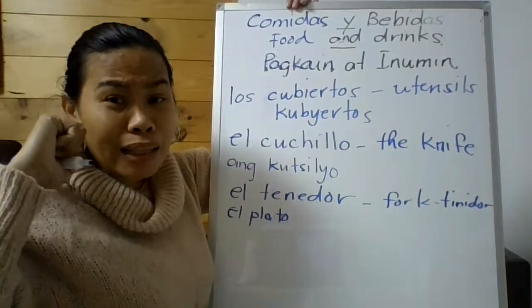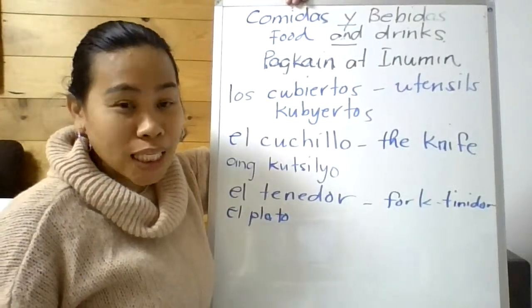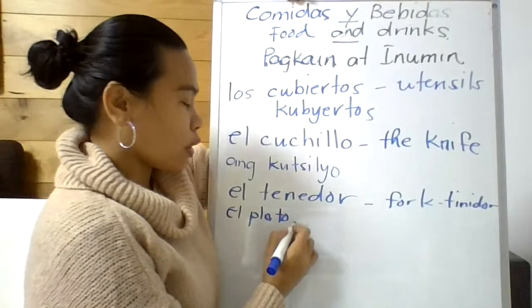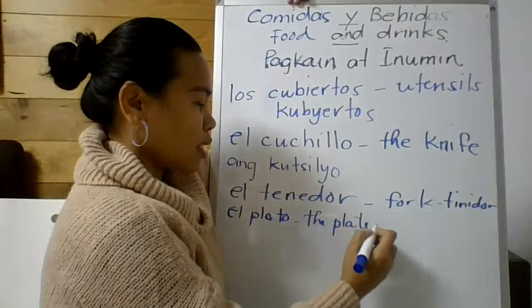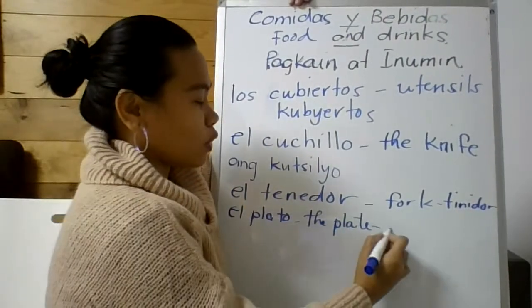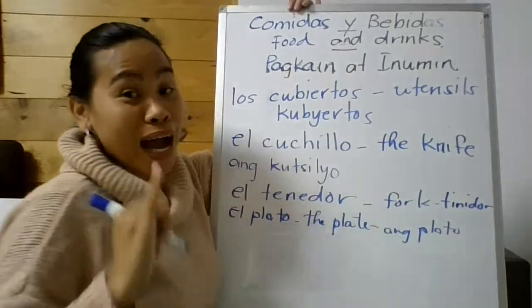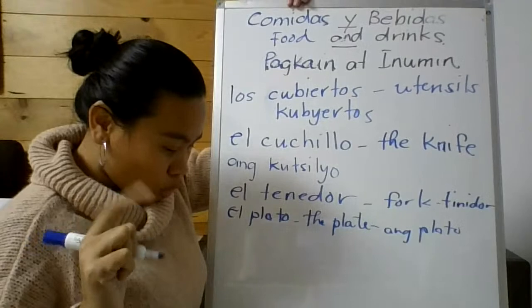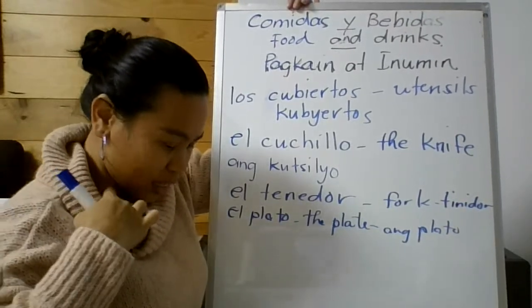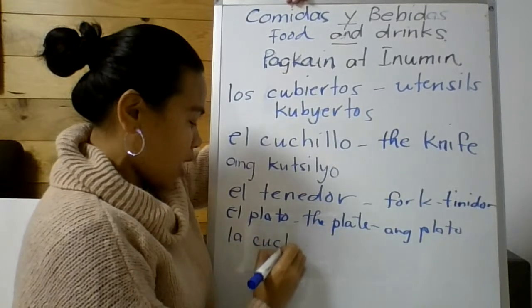So actually, lahat ng mga gamit sa kusina parang pareho lang talaga sa atin sa Tagalog. El plato, the plate in English. And then sa Tagalog, ang plato. Ang galing, nakakatuwa. 'Di ba? Vaso, baso. Tenedor, kutsara, pero la diferencia is spelling.